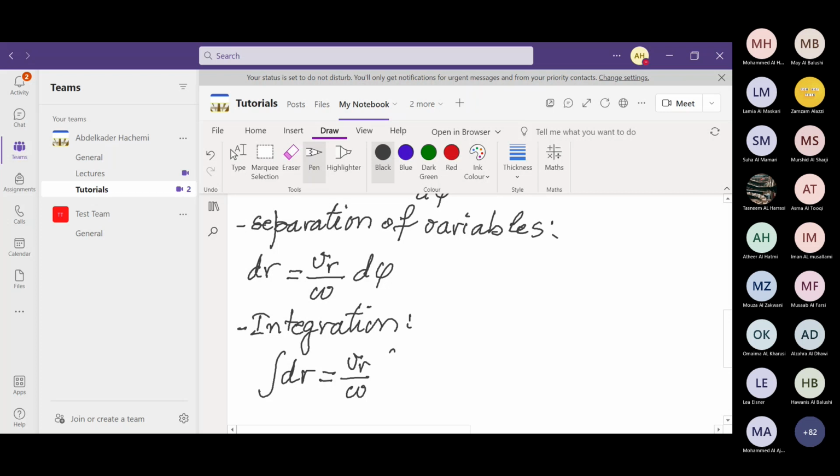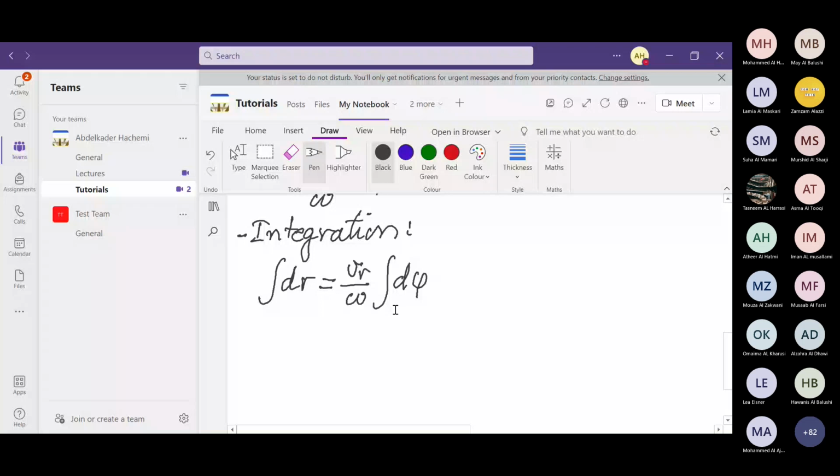Why we write this ratio Vr divided by omega? Because we said in the exercise that Vr and omega are constant. That means they don't depend on phi, the variable phi. They are always constant at each angle.